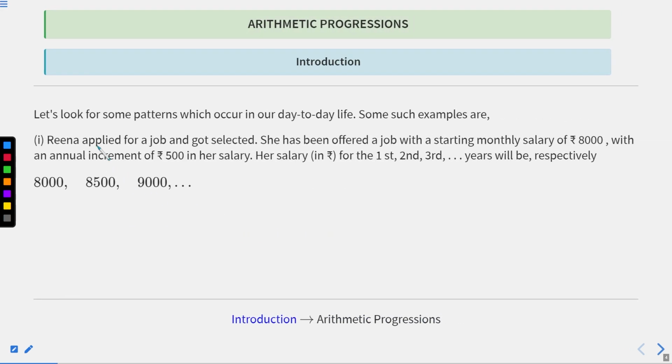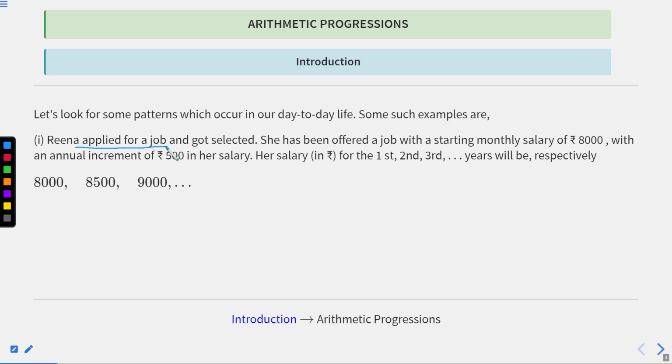Here let's look for some patterns which occur in our day to day life. Some such examples are: first one, Rina applied for a job and got selected. She has been offered a job with a starting monthly salary of rupees 8,000 with an annual increment of rupees 500 in her salary.